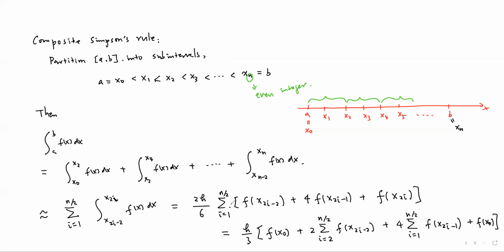Expand this sum and rearrange terms. Then we have this equation. Yeah, this is the composite Simpson's rule.